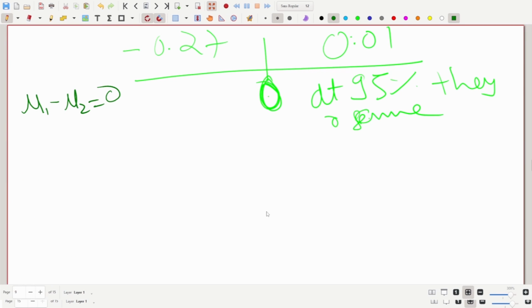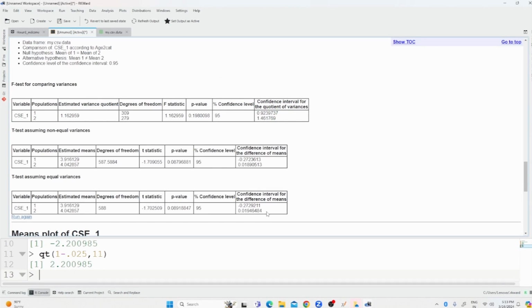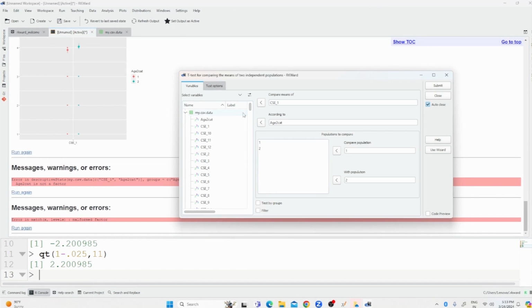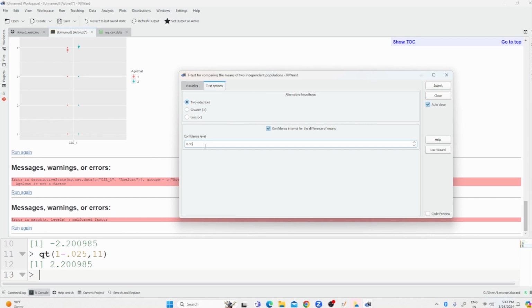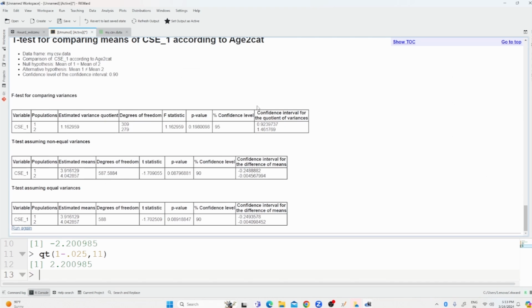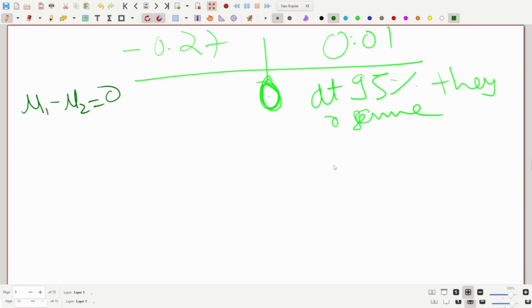Now, at 95% we are saying they are same. Now, what happens at 90%? Let us run it again. Now, you see at 90% the range has changed.